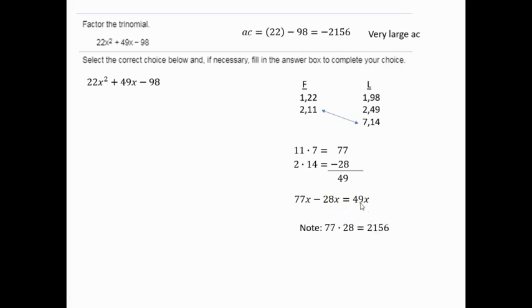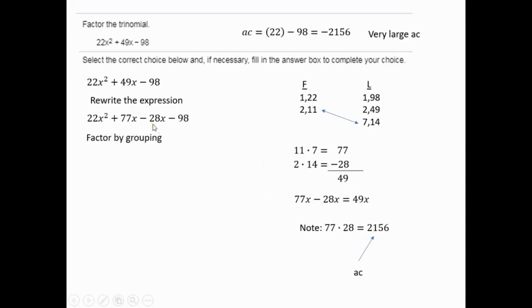So I note that 77 times 28 is actually 2156. So we actually found factors of AC using a little shortcut there. So now we rewrite the expression using our new terms. Rewriting the middle term, remember.